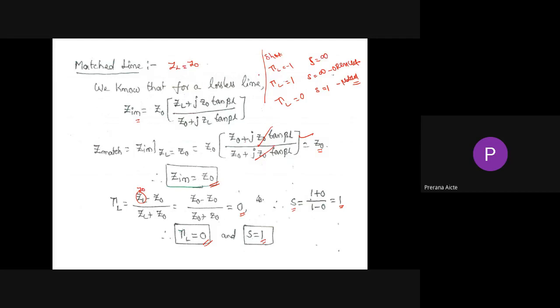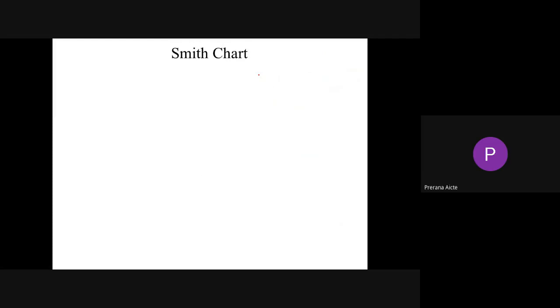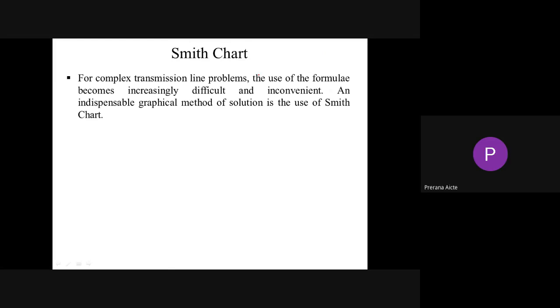Okay. Now, Smith charts. For defining the secondary parameters from the primary parameters of the transmission line, that is R, L, C, and G parameters, we have to find the secondary parameters: attenuation constant, propagation constant, phase constant, characteristic impedance, all the parameters.